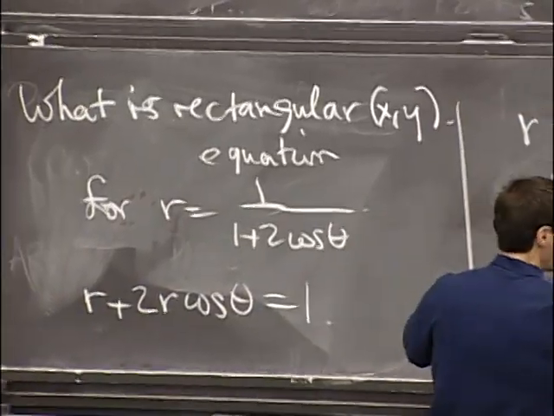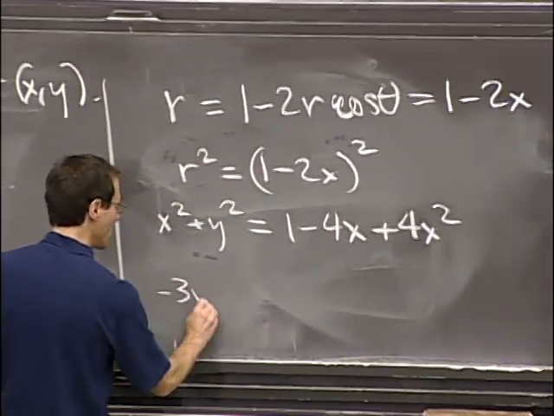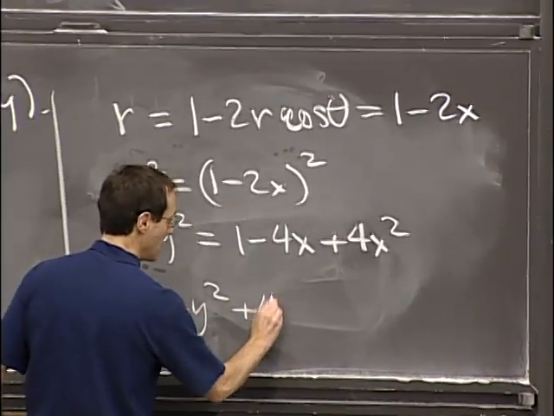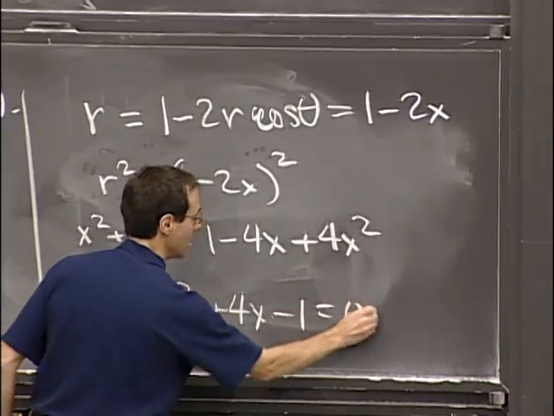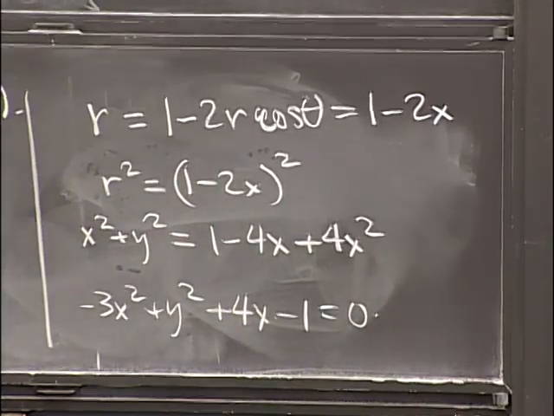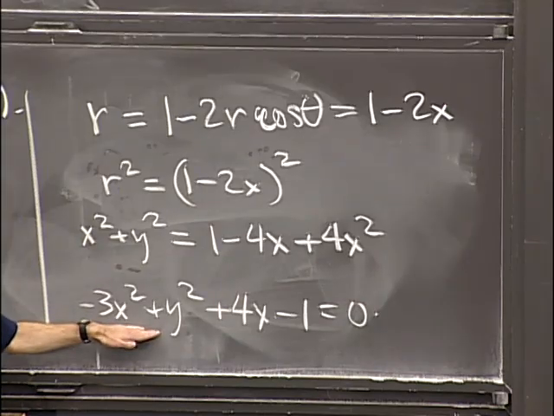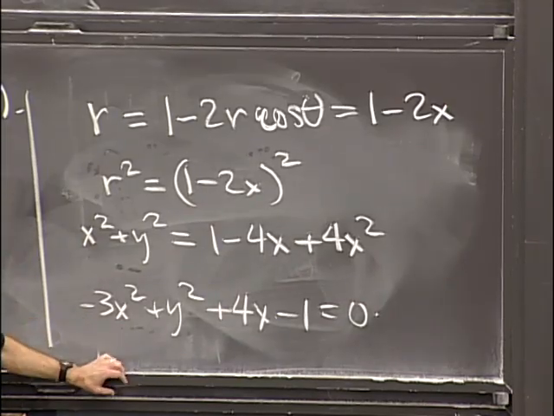Now I'm going to combine terms. So here I have minus 3x squared plus y squared, and put everything on the left side. So that's this. And we recognize, well, you're supposed to recognize, that this is what's known as a hyperbola.